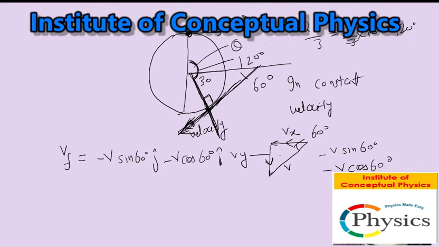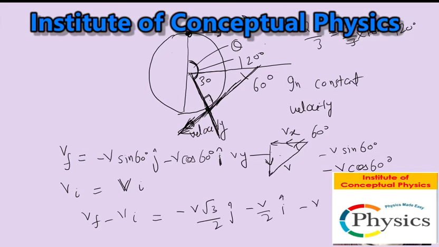Then your v initial, in an arbitrary direction parallel to the x-axis, is VI. The change is VF minus VI, given as minus V root 3 by 2 j minus V by 2 i minus V i.